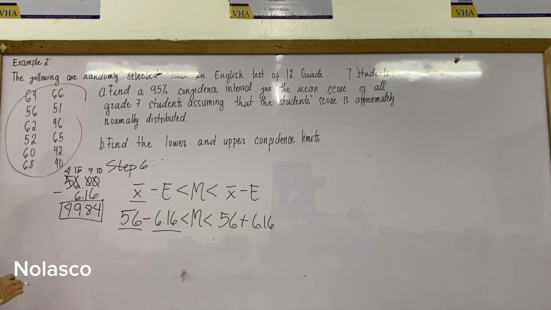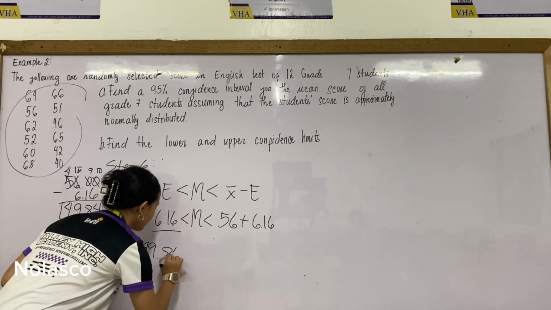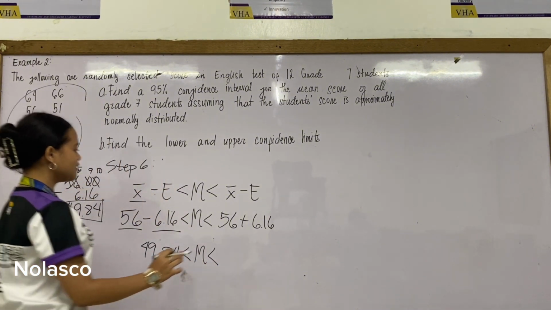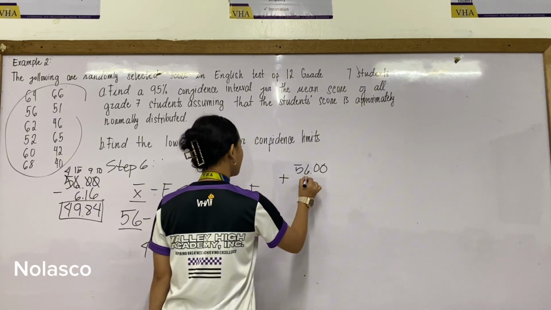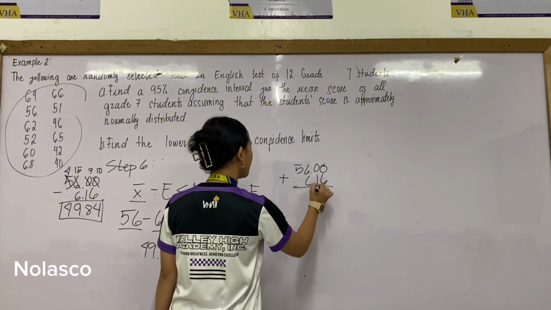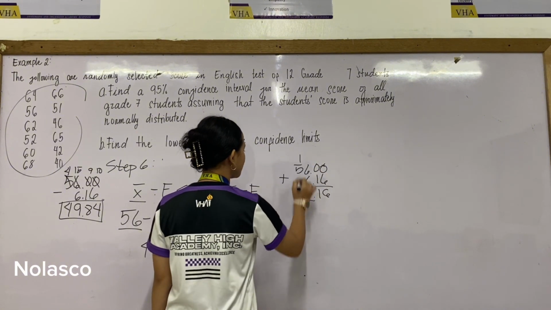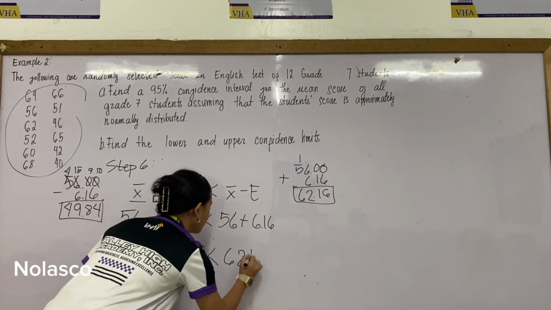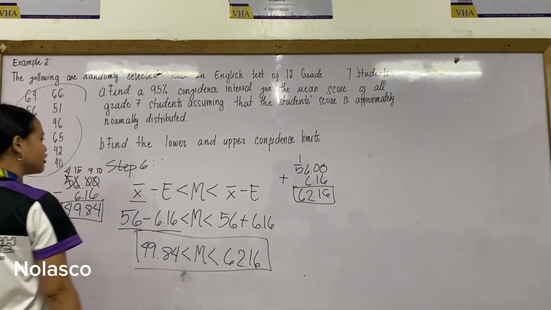So 49.84 is less than population mean, less than 56 plus 6.16. 6 plus 6 is 12, 5 plus 6 is... 62.16. So that's our confidence interval.